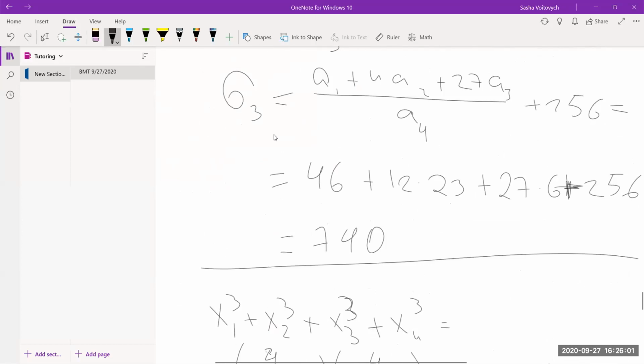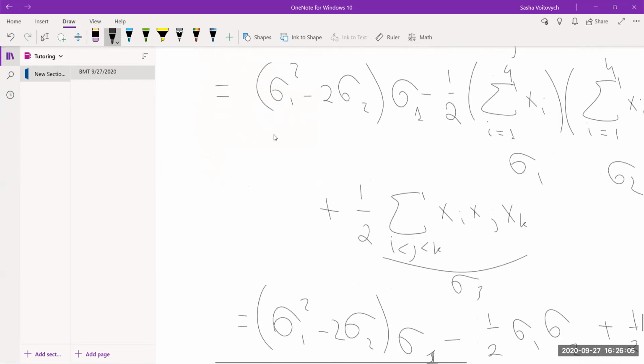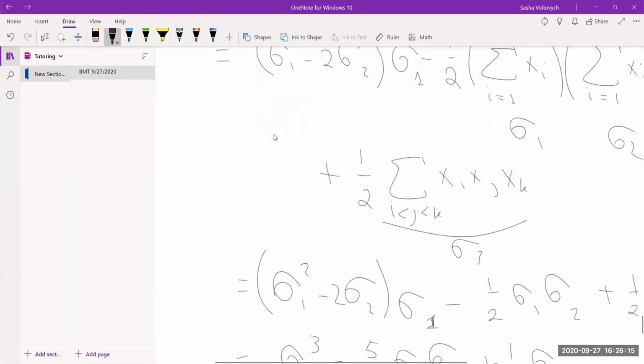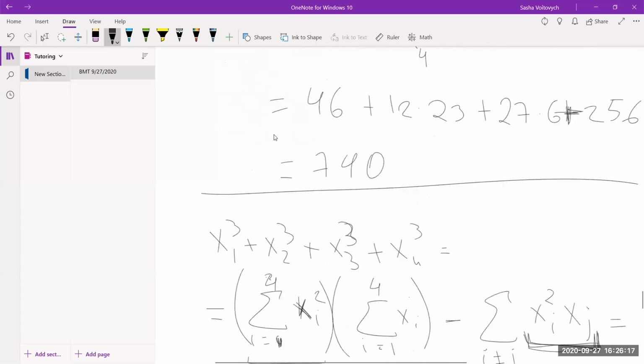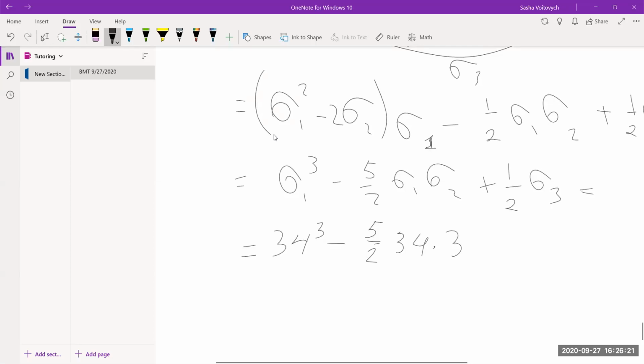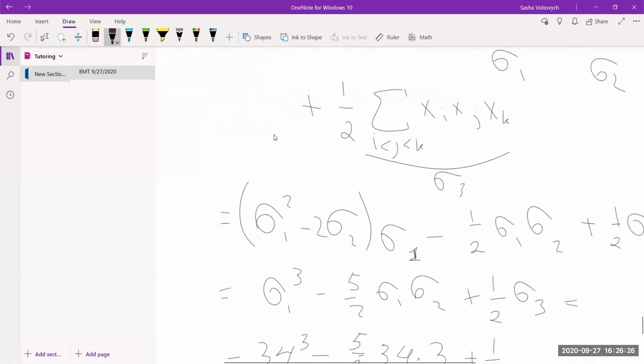Okay, so sigma 1 is equal to 34. So this is equal to 34 cubed minus 5/2 times 34 times sigma 2, which is equal to 3, and then plus 1/2 of 740.